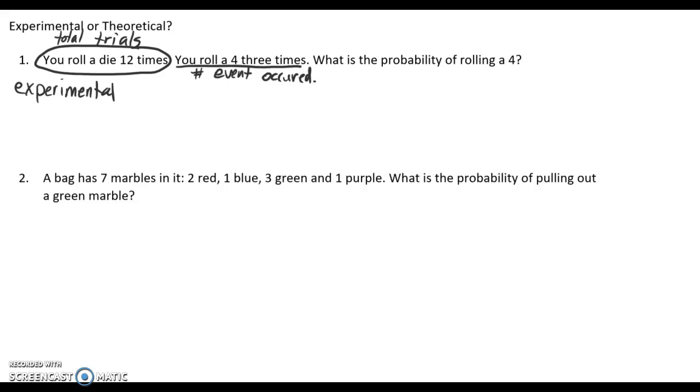So to find this experimental probability, we are going to take 3 and put it over 12. And then over here, I'm going to do some work. I'm going to do 3 divided by 12 to get my decimal.